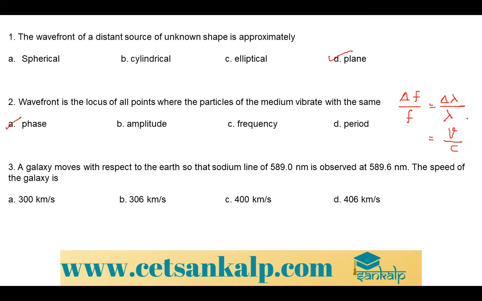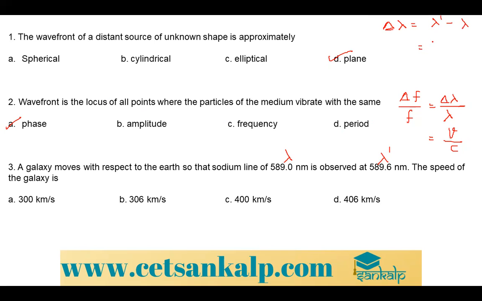Now the formula. The lambda they've given is 589, and this is lambda dash. I can consider delta lambda is equal to lambda dash minus lambda.